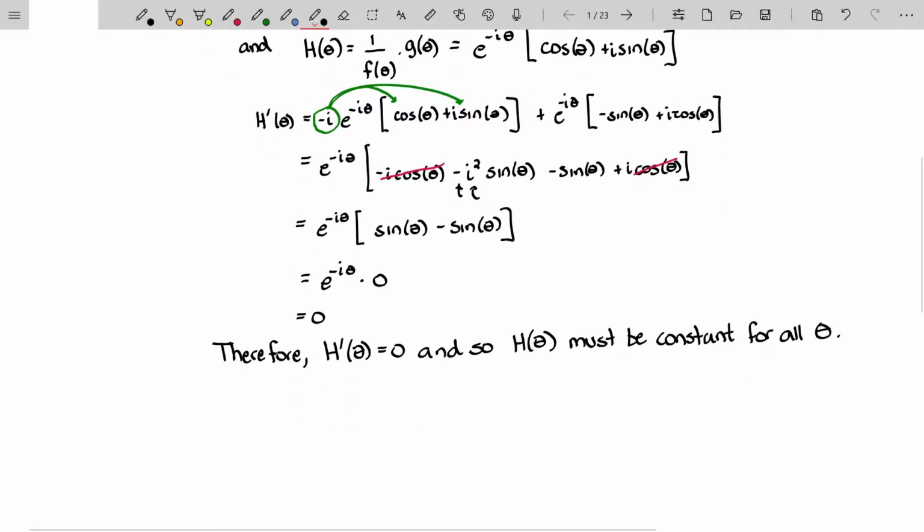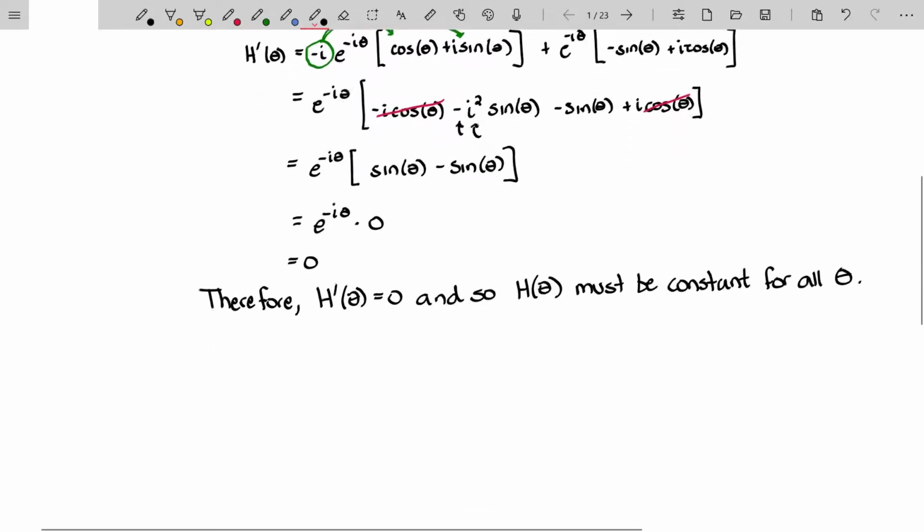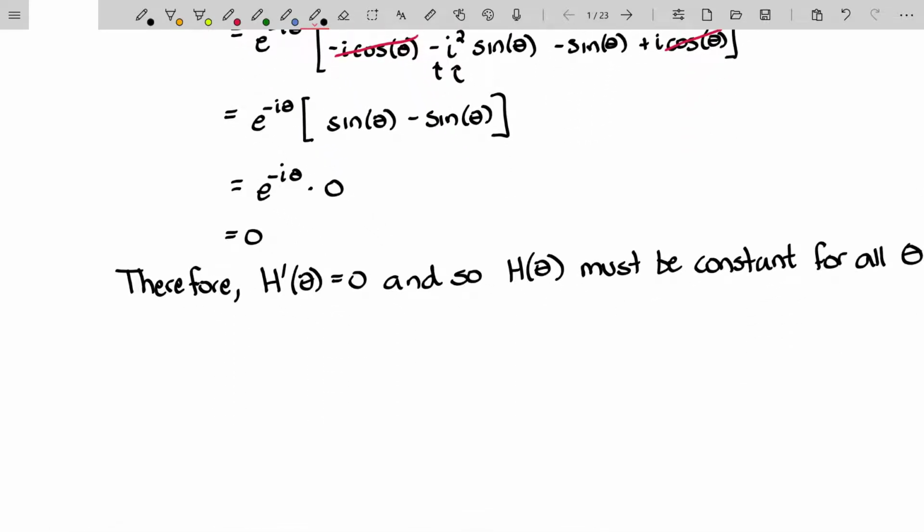Let's go ahead and, do I use a C in here? No, I don't. So let's go ahead and call that constant C. So hence h of theta is equal to some constant C, for some C. And just to be thorough, since we were dealing with the imaginary number system or the complex number system, I'll just say that C could be a complex number involving a non-zero imaginary part.